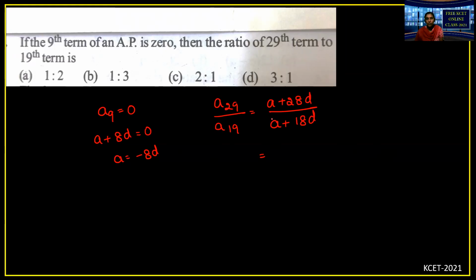The ratio is A, that is minus 8D plus 28D, divided by minus 8D plus 18D. So we get minus 8D plus 28D is 20D, divided by 10D. D and D cancel, 0 and 0 cancel. So the ratio is 2:1. Option C is the correct answer.